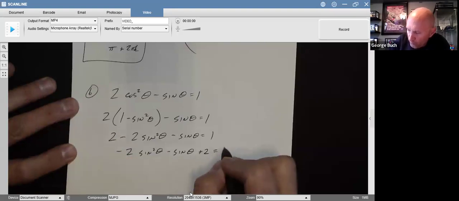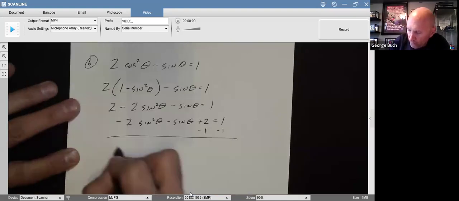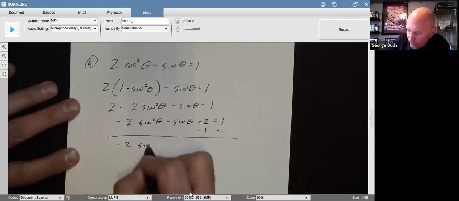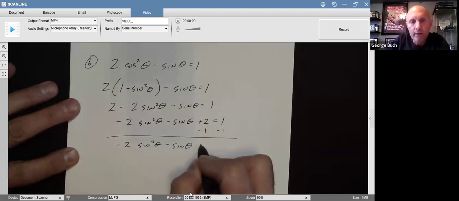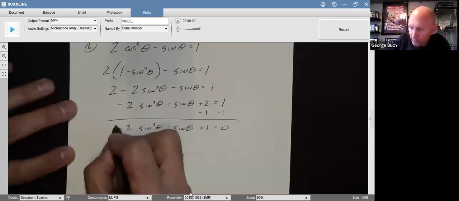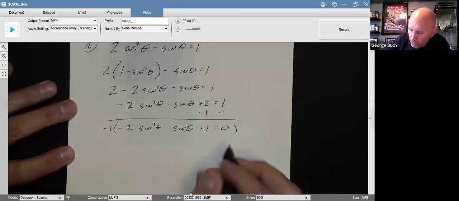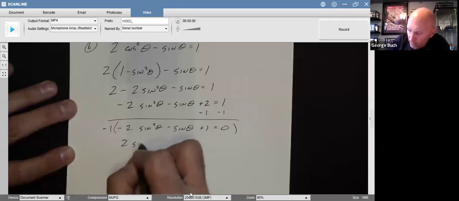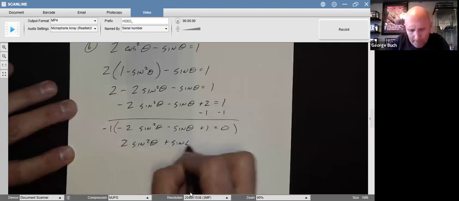So rewrite this: negative 2 sine squared theta minus sine of theta plus 2 equals 1. So let's subtract 1 from both sides. Negative 2 sine squared theta minus sine of theta plus 1 is 0. And again, to make this easier to factor, I'm going to multiply the entire equation, both sides, by negative 1. So I get 2 sine squared theta plus sine of theta minus 1 is 0.